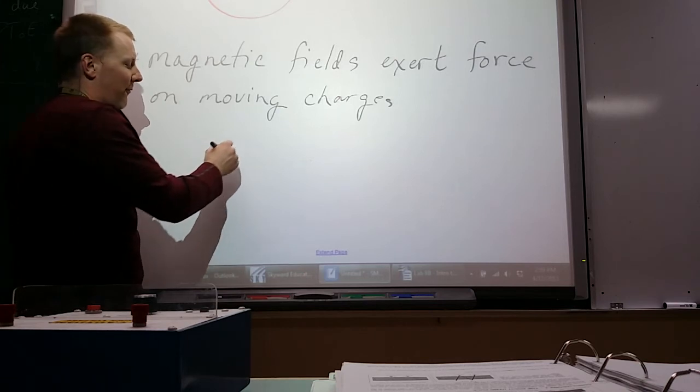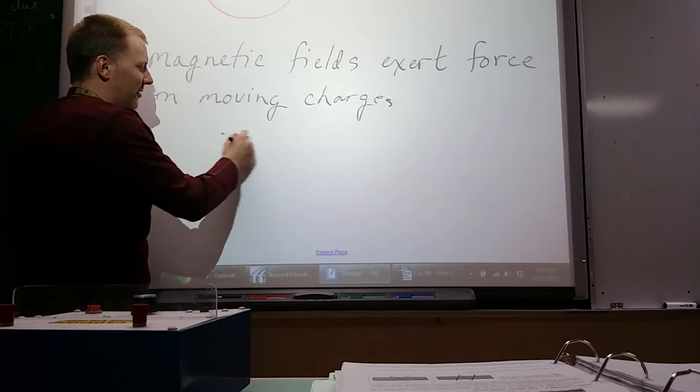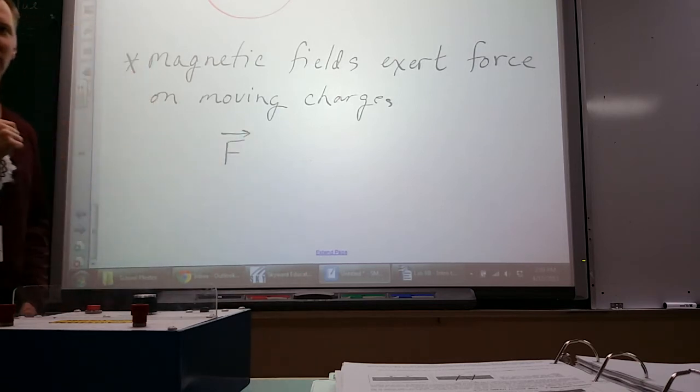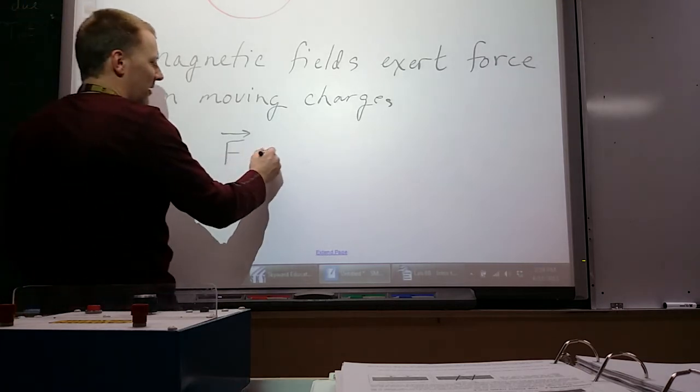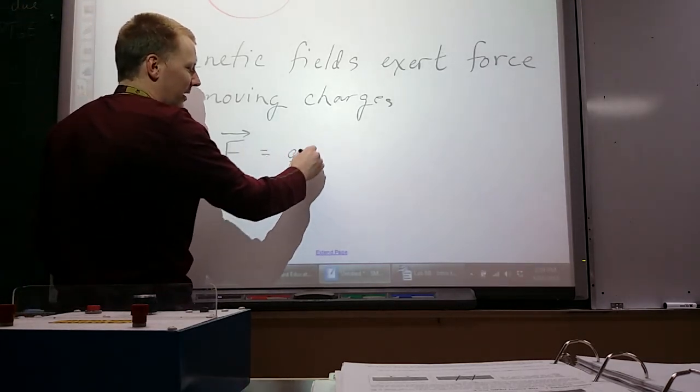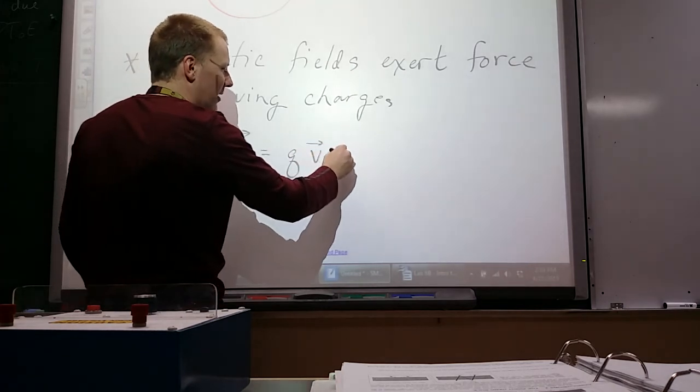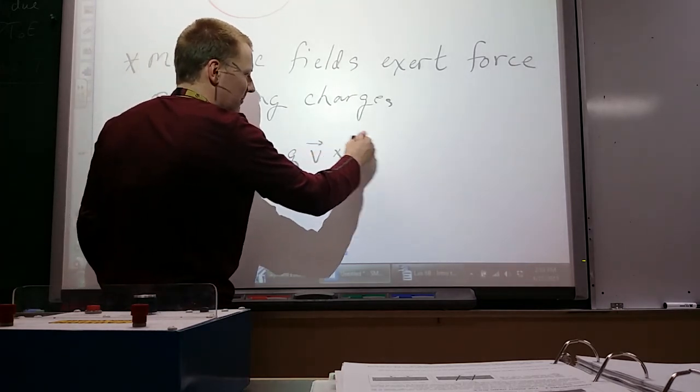So, the magnetic force, our first formula here. Obviously it's force, so it's a vector, and it is equal to this. You won't know what all of these parts are yet.